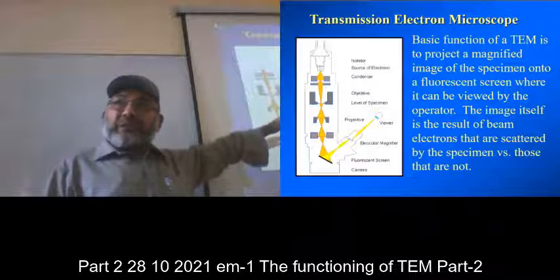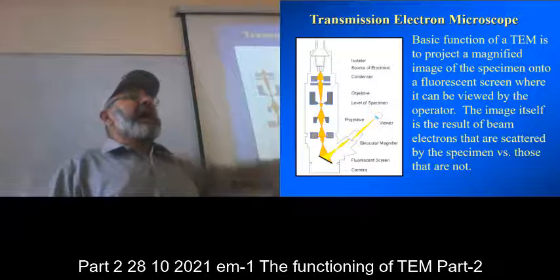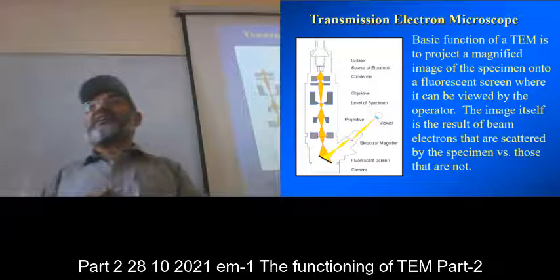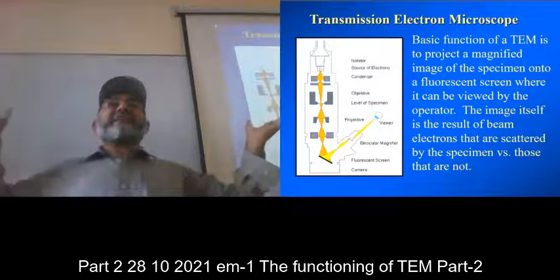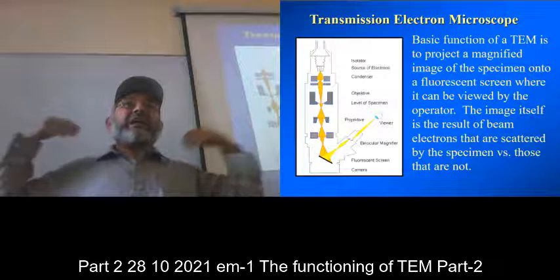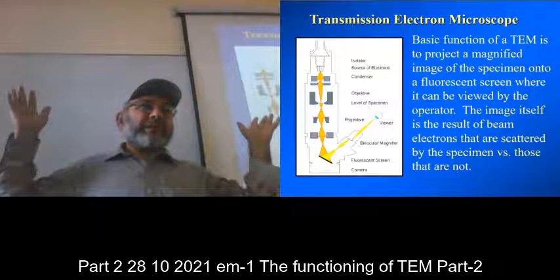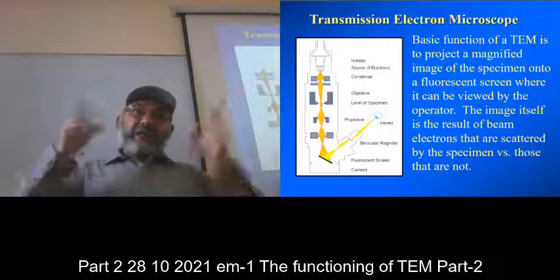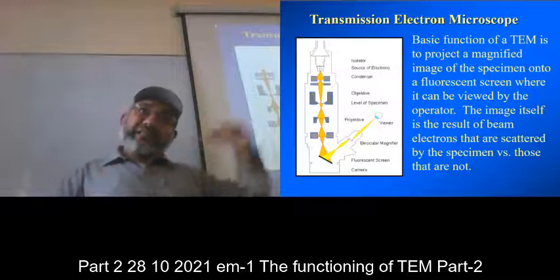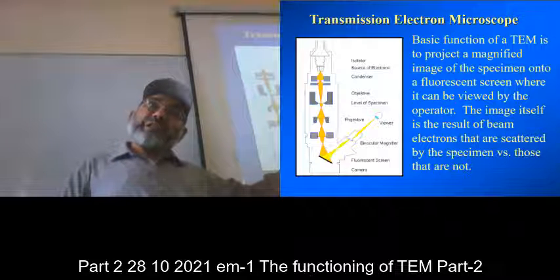And the objective lens again organizes the electrons. The ones which are scattered at larger angles are excluded from the information. And the ones at the required angles, at the low angles, come to the objective lens.